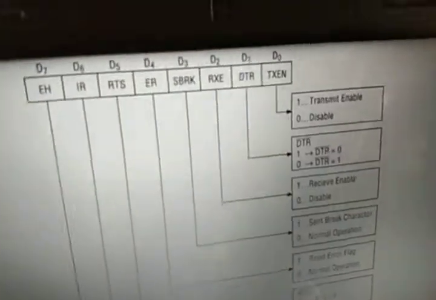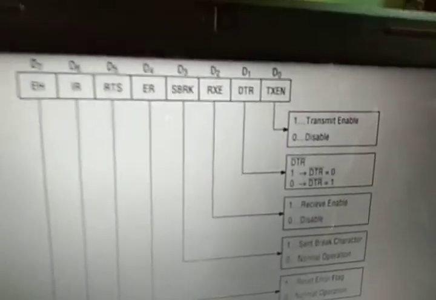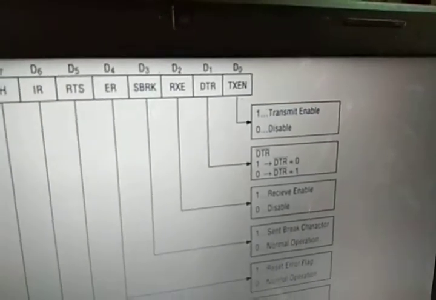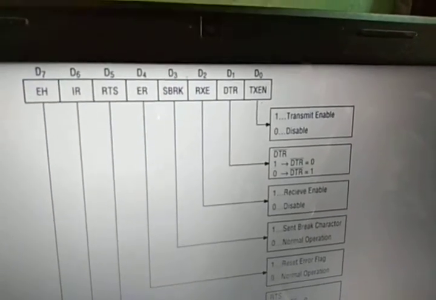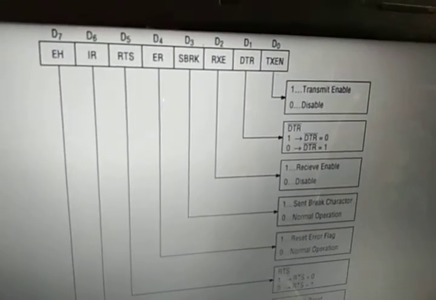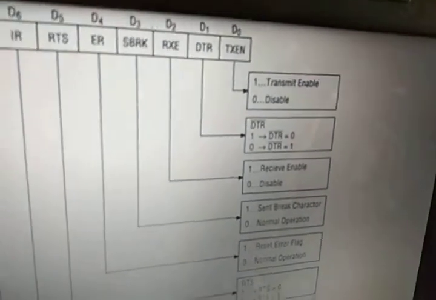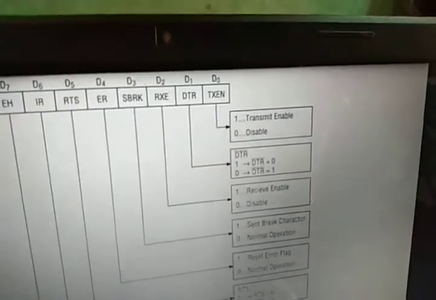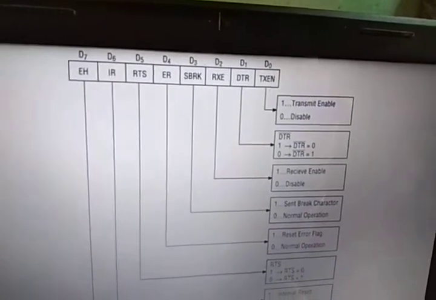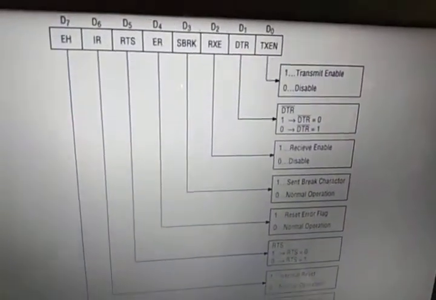Next we go for the internal reset, then the RTS signal. The next ones are error reset, synchronous break, receive enable, data terminal ready and transmission enable. So this command can be used either to send or to receive from the 8251 USART.